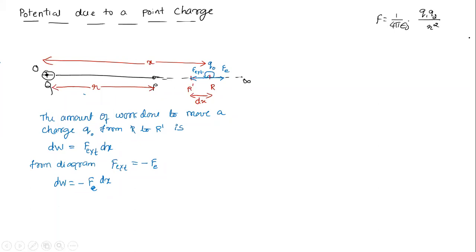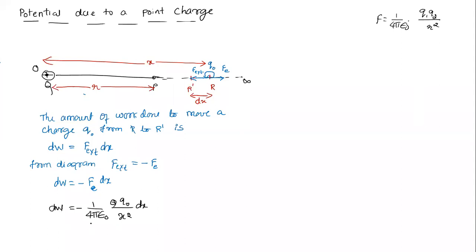I'm going to take the same thing here, that is equal to minus 1 divided by 4 pi epsilon naught, Q1 Q2, where Q1 is the bigger charge Q, Q2 is Q naught, divided by the distance between them x squared, into dx. That is the small amount of work done dW.